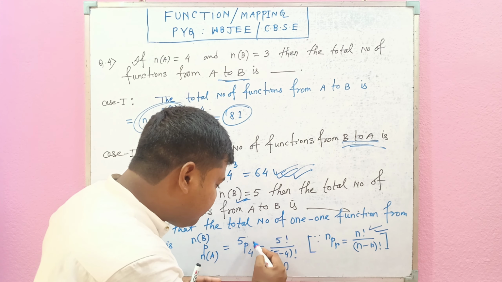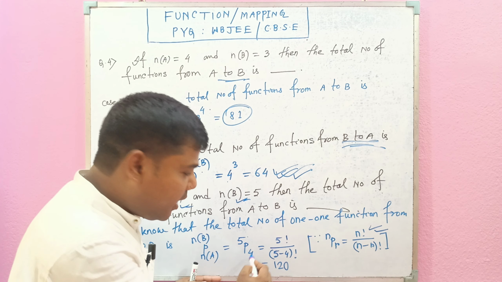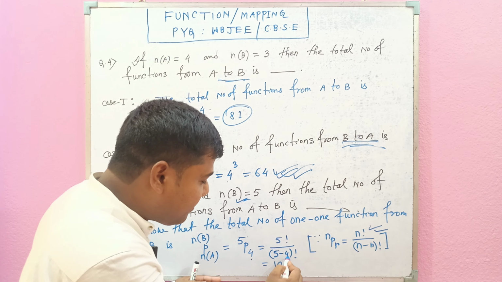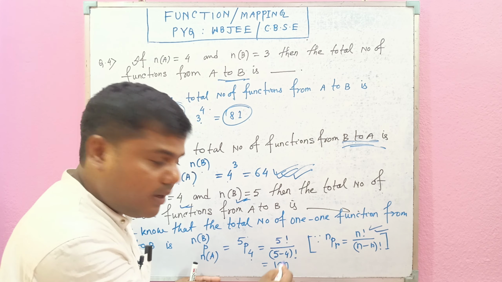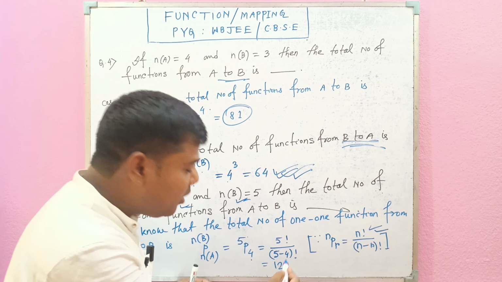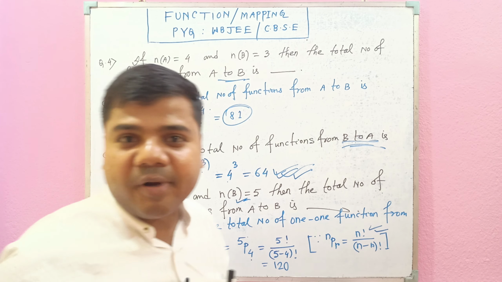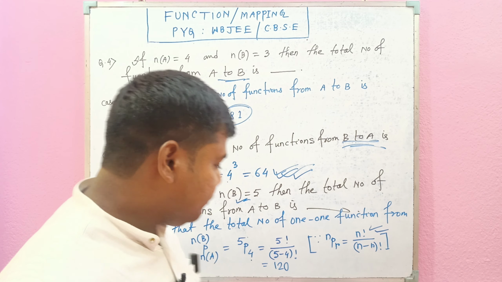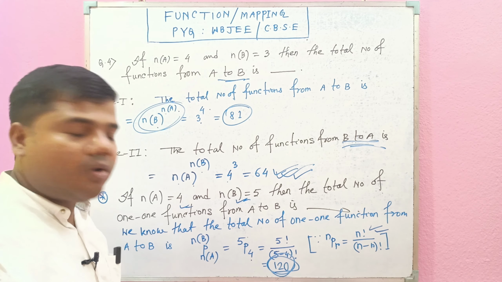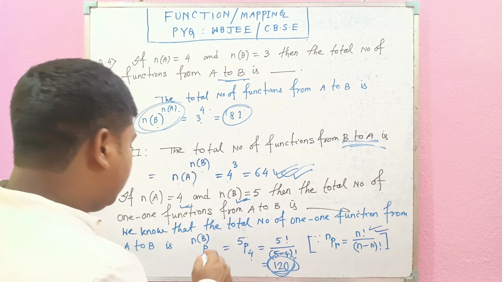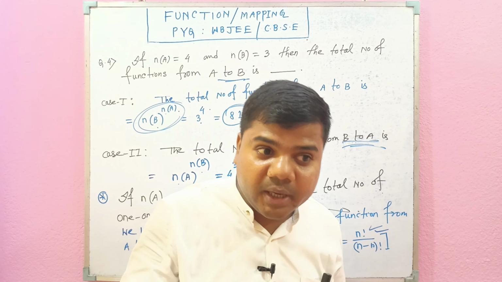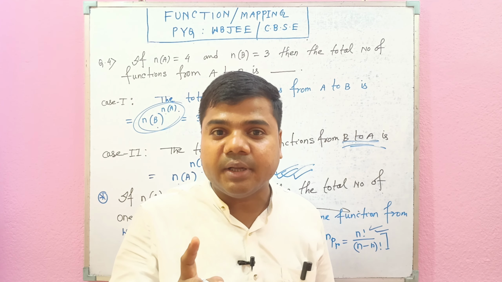Here n is 5 and r is 4. So 5 factorial means 120 and 5 minus 4 factorial means 1 factorial, and 1 factorial is equal to 1. So the correct answer is 120. Hence the total number of one-to-one functions from A to B is equal to 120.